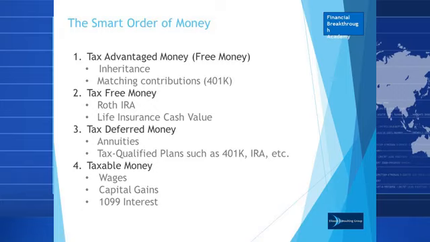and others. Now, most of us, the majority of people, when you talk about money, our money is on the fourth level, the taxable money: our salary, our wages, the capital gains, and business revenue and profit, the 1099s if you are a contractor or independent representative of any kind.